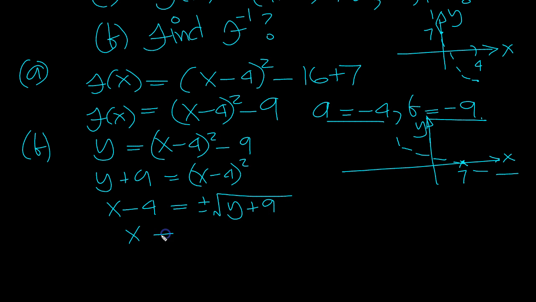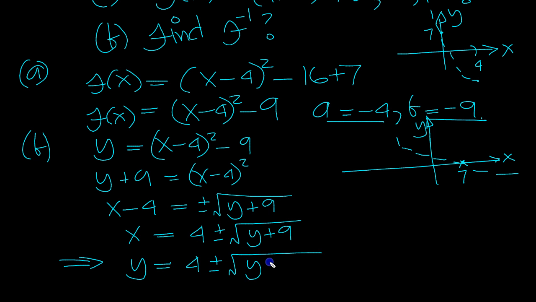So x will equal 4, move the 4 over, plus or minus the square root of y plus 9. So that tells us then that y is equal to 4 plus or minus the square root of x plus 9. So I've done that there.